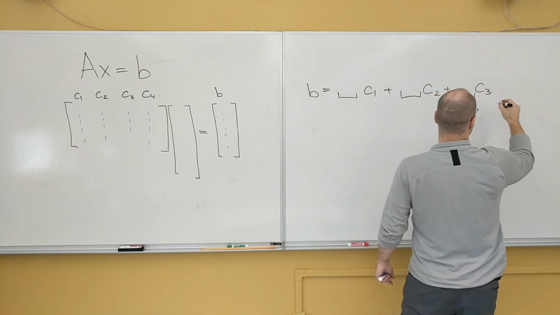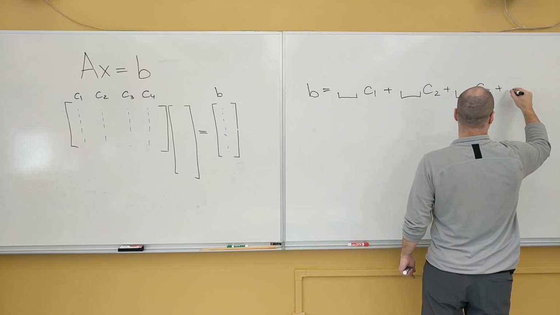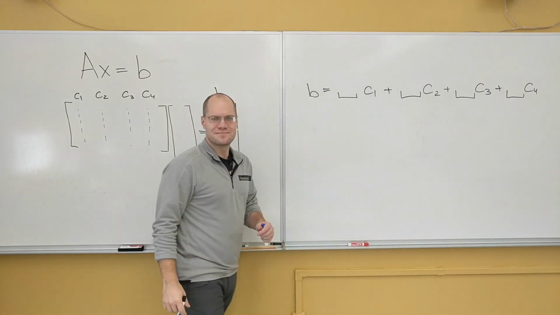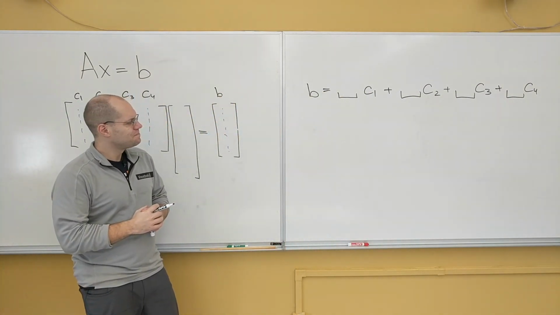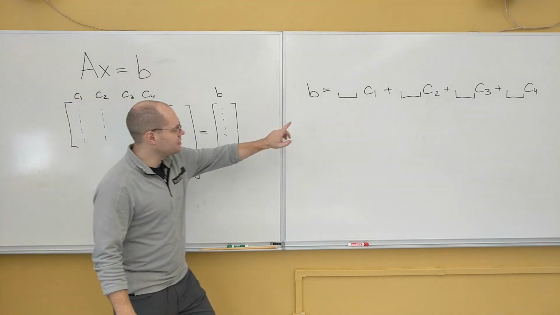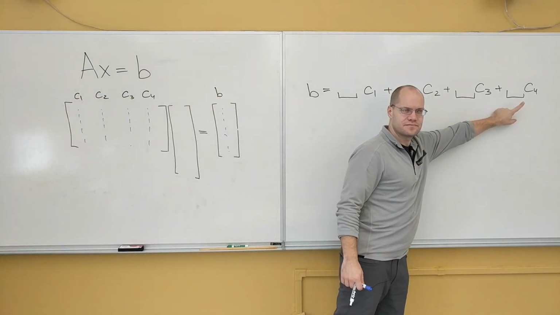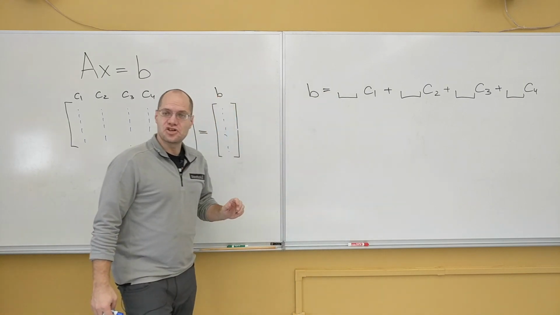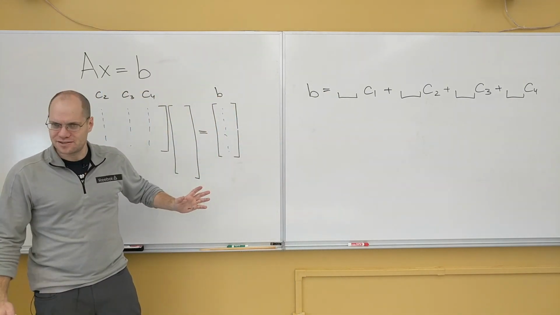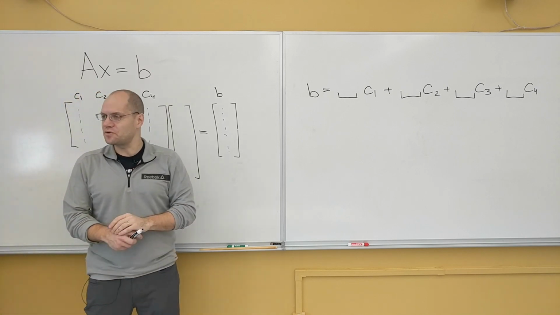I hope that fits. Okay. And your unknowns are these coefficients here. And so what could happen in this situation, a variety of things. I will illustrate with an example.